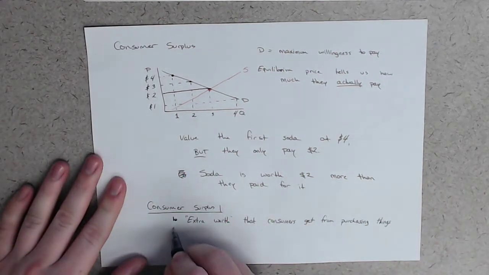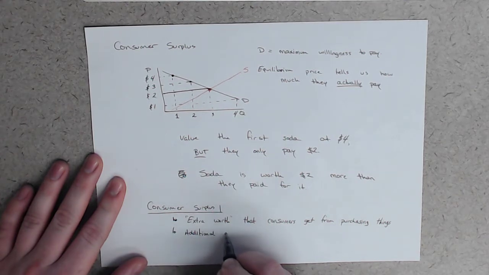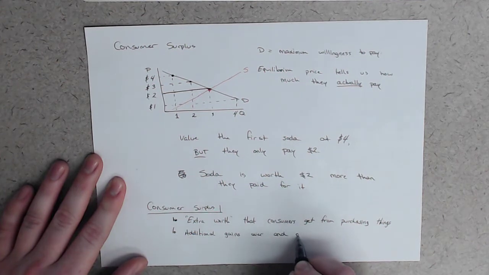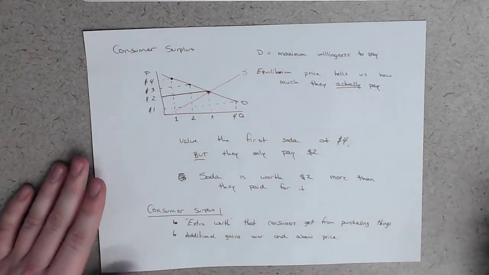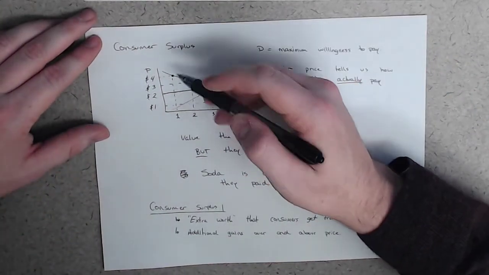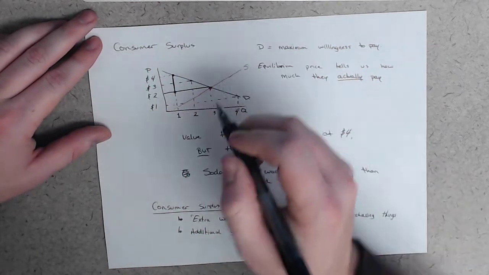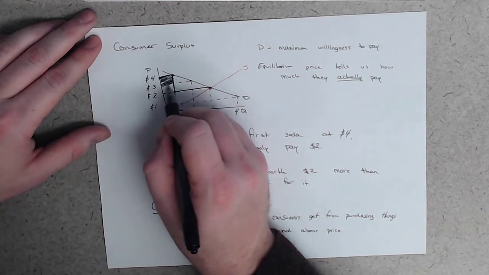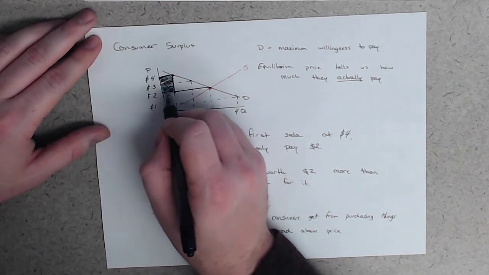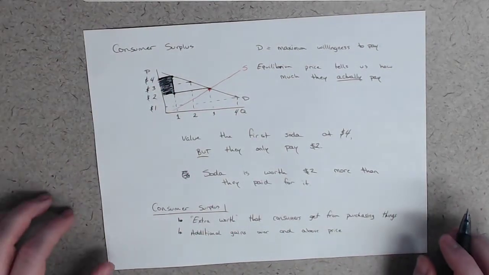We can also think of it as the additional gains over and above price. Right? Because notice that they paid $2 for it, but they received $4 worth of benefit. And so all this black area here would be consumer surplus, right?